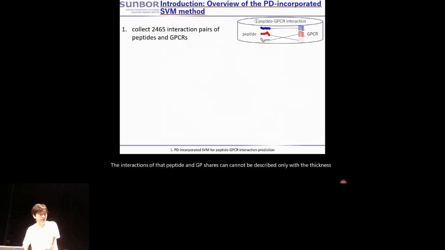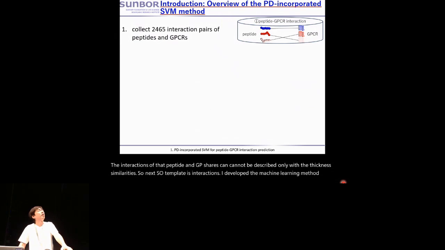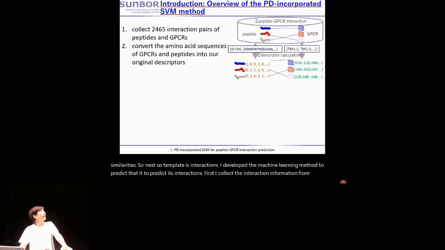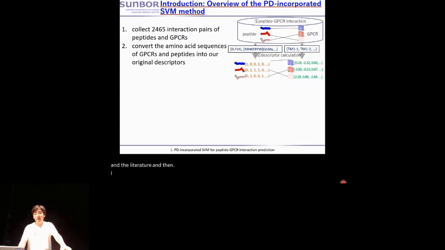So, to predict these interactions, I developed a machine learning method. First, I collected the interaction information from databases and literature, and then I converted the amino acid sequences of GPCRs and peptides into our original descriptors.